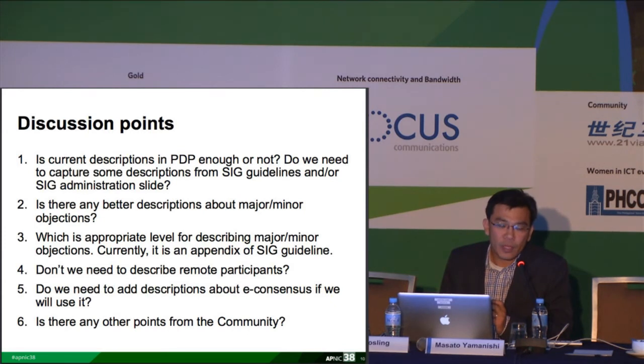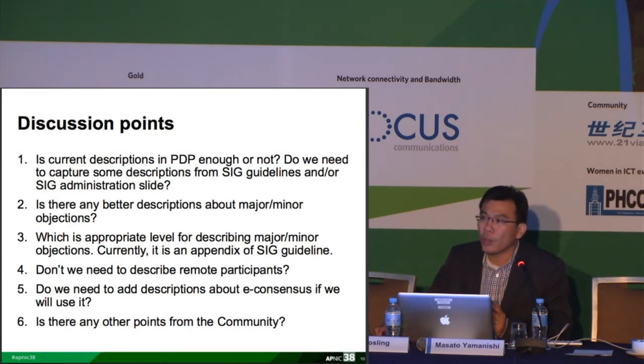First one: are the current descriptions in the PDP enough or not? As shown, the SIG guidelines and SIG administration slides have more descriptions. So I think we need to consider whether we can capture something from these two documents into the PDP.